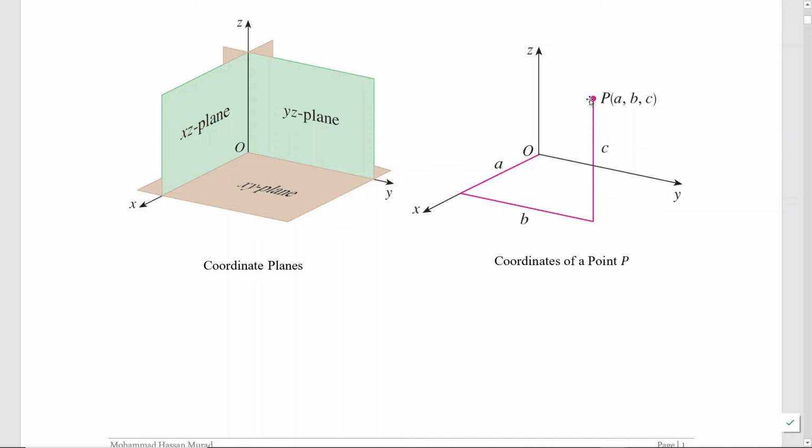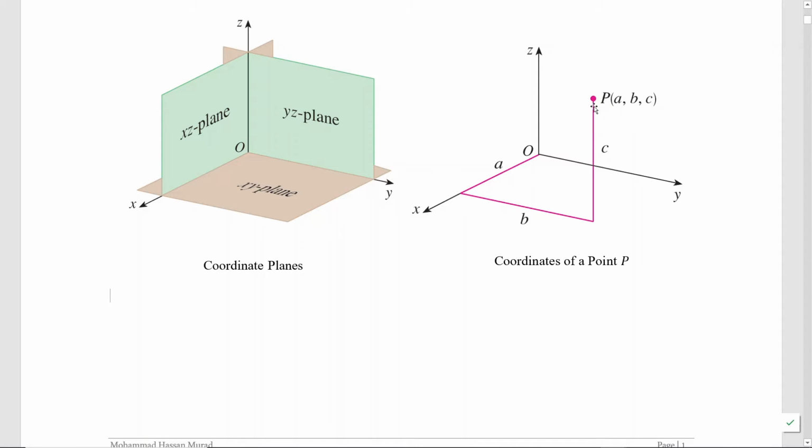Suppose we have a point P in space whose coordinates are A, B, C. It means to reach the point P, we have to start our journey from the origin O along the x-axis A units, and then we have to move along a line parallel to the y-axis B units, and from here we have to move along a line parallel to the z-axis C units.